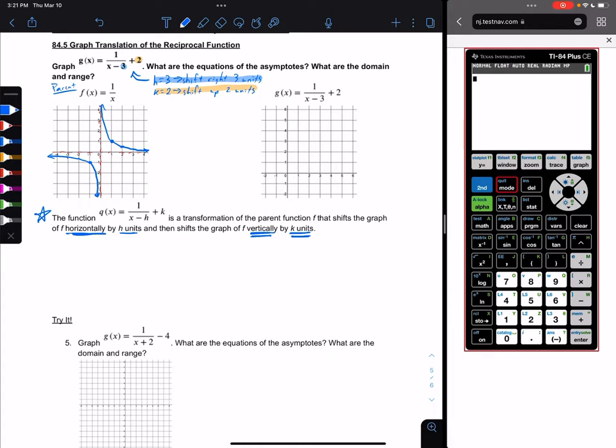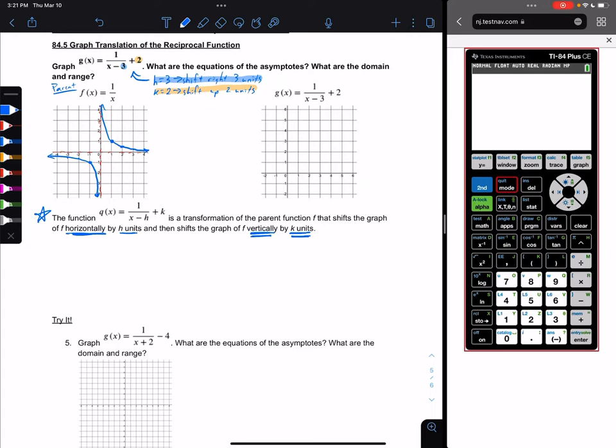So when you're shifting these, what I would recommend is that you shift the asymptotes first and then fill in your points afterwards. It'll give you the boundaries before you start plotting points. Sometimes if we try to draw the graph without the asymptotes, it's just going to be a little less accurate. Obviously we're drawing by hand, so it's not going to be perfect, but at least it'll give us an idea. All right.